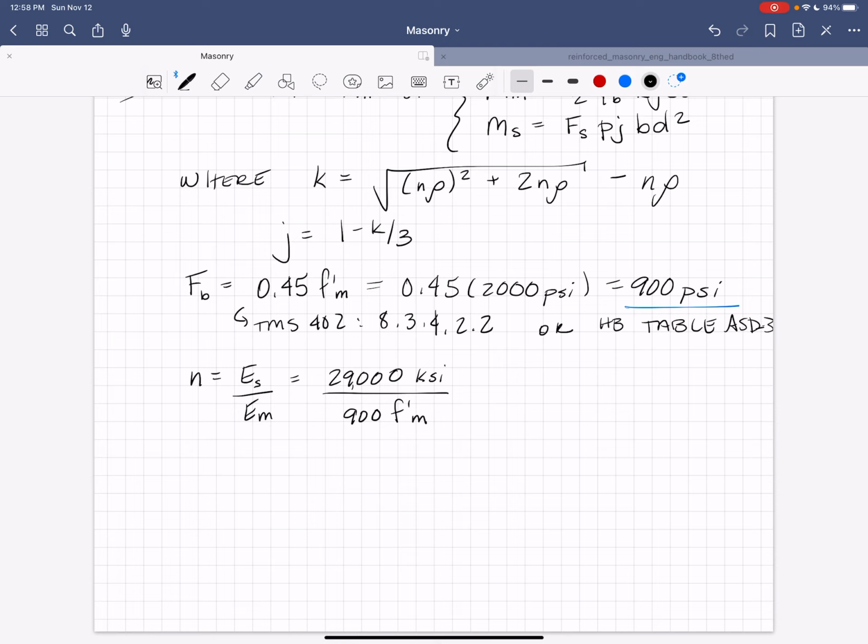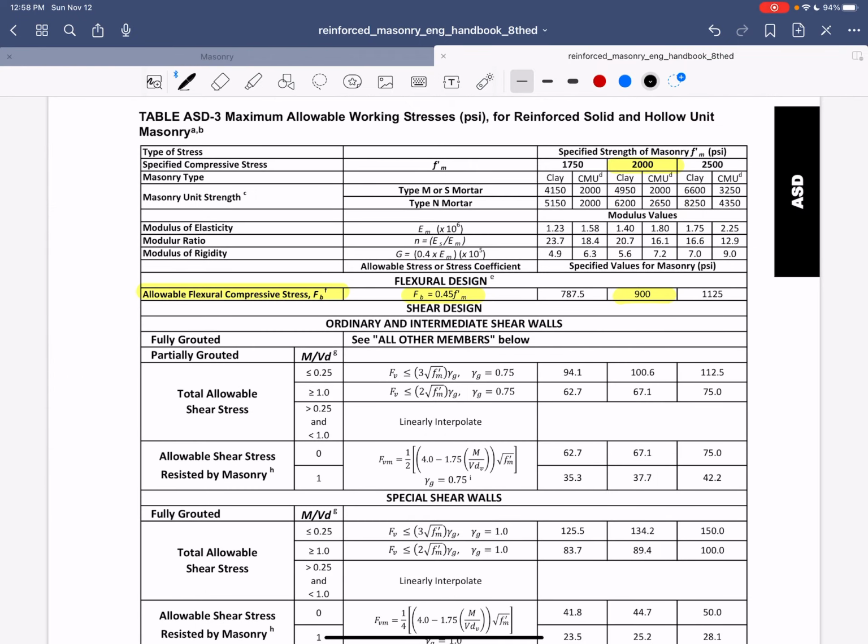You can go look in the ASD table here, and let me find the modulus of elasticity for ours. You can use the values for modulus of elasticity for CMU, which will give you 1.8, which is 900 times 2 ksi.